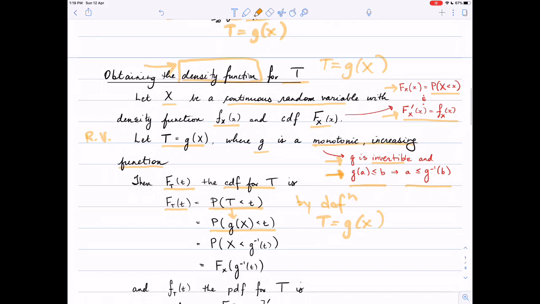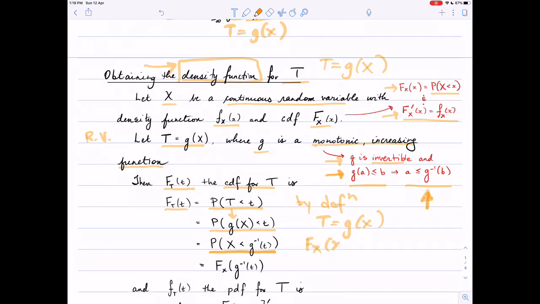So that tells us, one of the properties that we wanted on this side was that we could use the inverse to solve with an inequality. So x is less than g inverse of t, which is exactly the setup for the CDF.